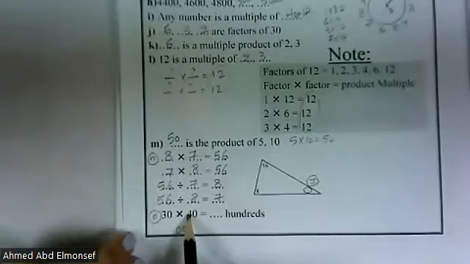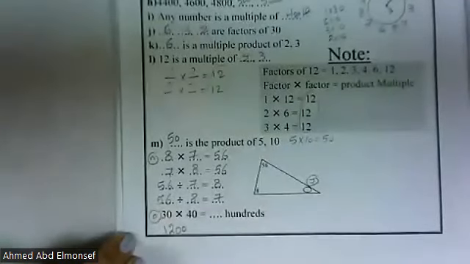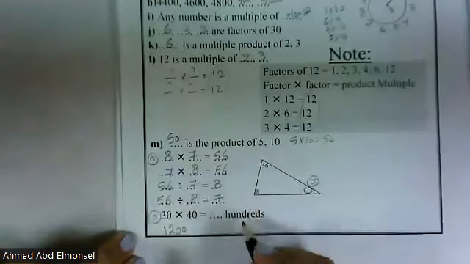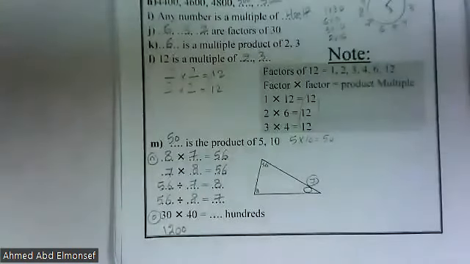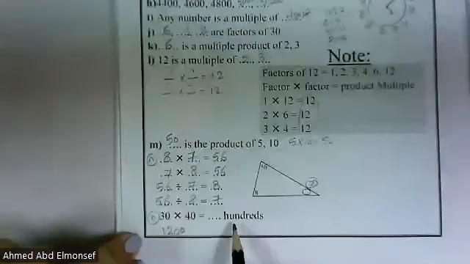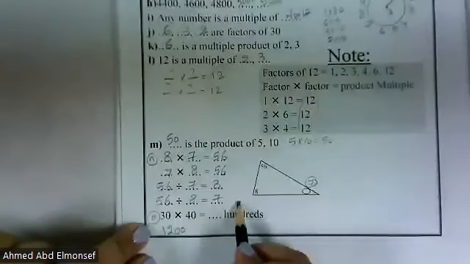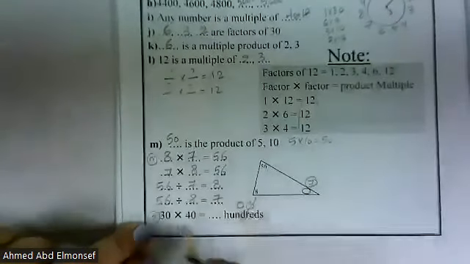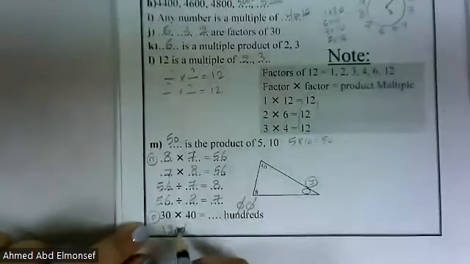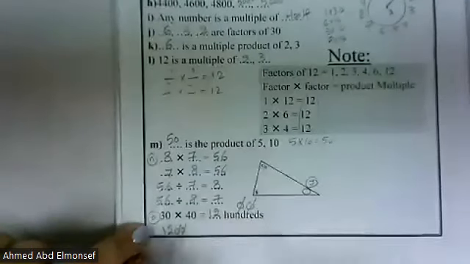Okay. 3 times 4 equals 12. And the hundreds, the word hundreds means how many zeros? 2 zeros. Oh, yeah, cross 0 with 0 and 0 with 0. So the answer will be 12.